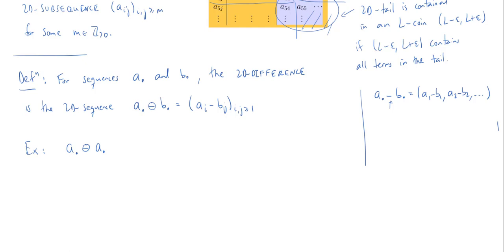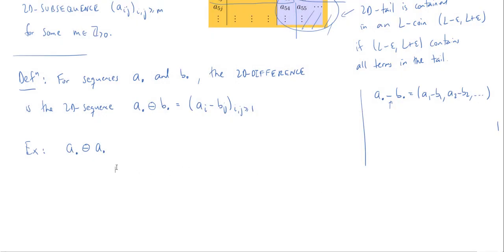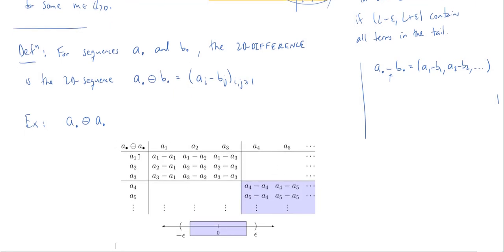Let's bring a picture for this in. Here I just have A1, A2. I'll denote my sequence terms on the left here, my same sequence on the top. And you can see here now A1 minus A1, of course, is going to be a 0.